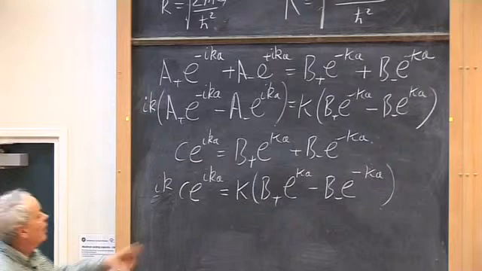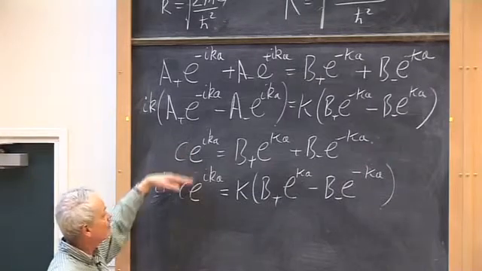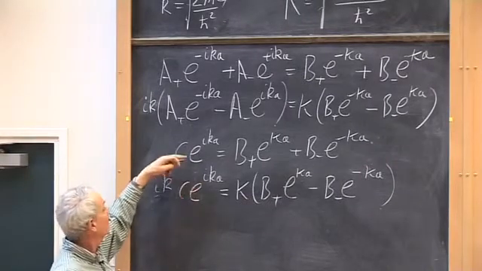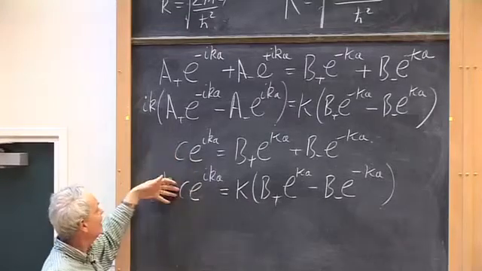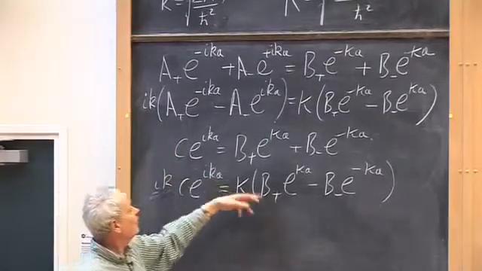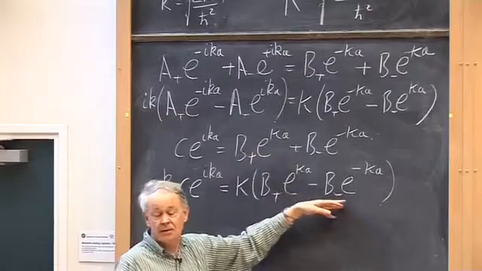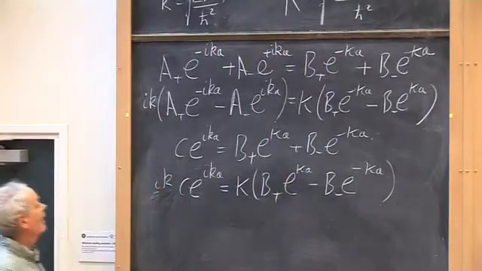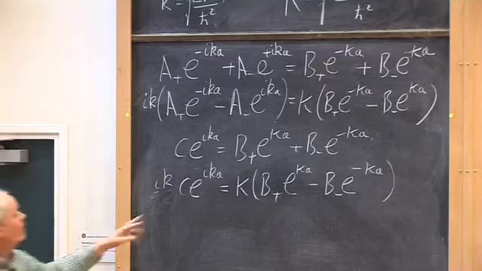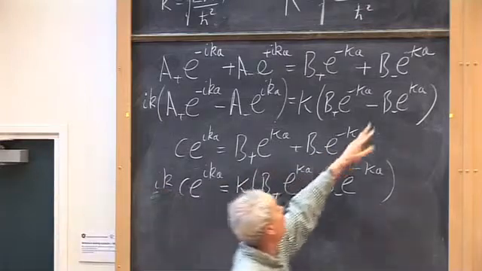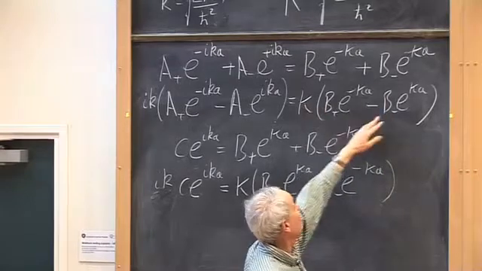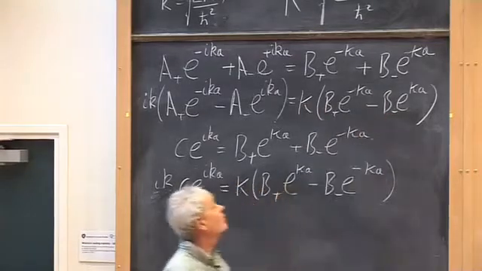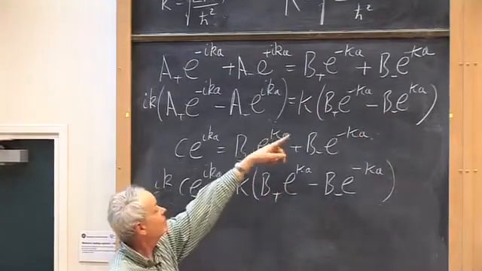A reasonable way to go is to take these 2 equations here, divide this equation by this equation, say, and that will get rid of C, and will give you a relationship between B plus and B minus. And then you can take that relationship and use it in these 2 equations to get rid of B minus from these 2 right-hand sides.